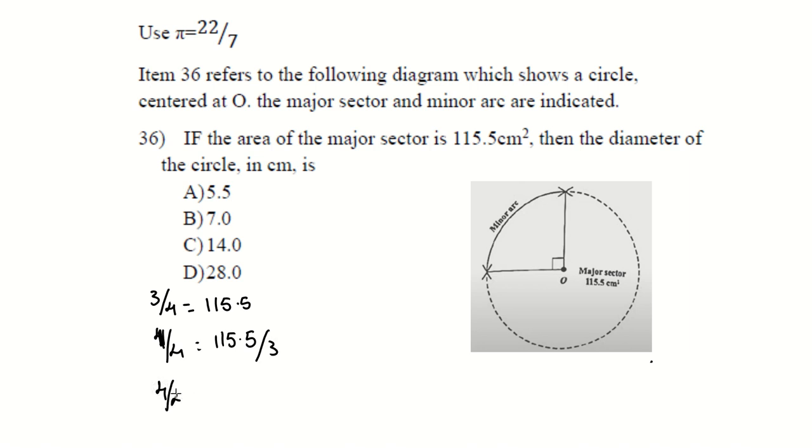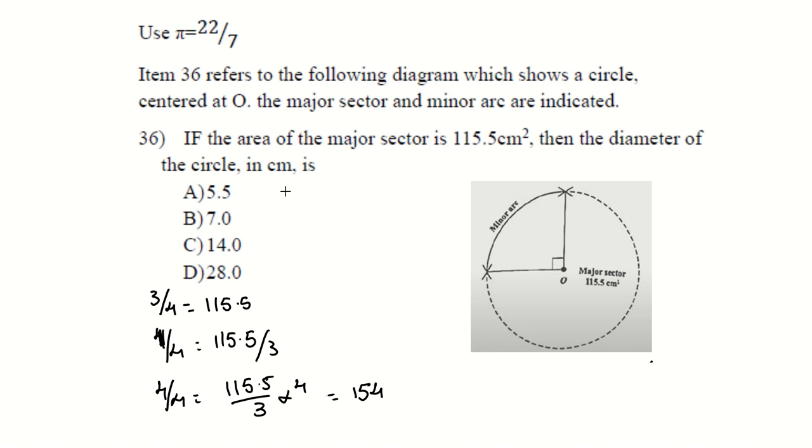Then 4/4 would be 115.5 over 3 multiplied by 4. This would make things a lot easier. When you multiply this, you'll get 154. Right? So your whole circle is 154.